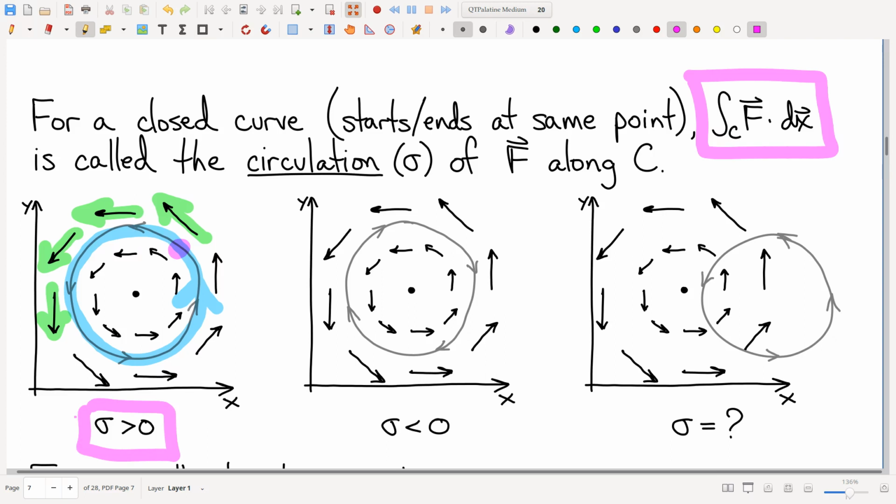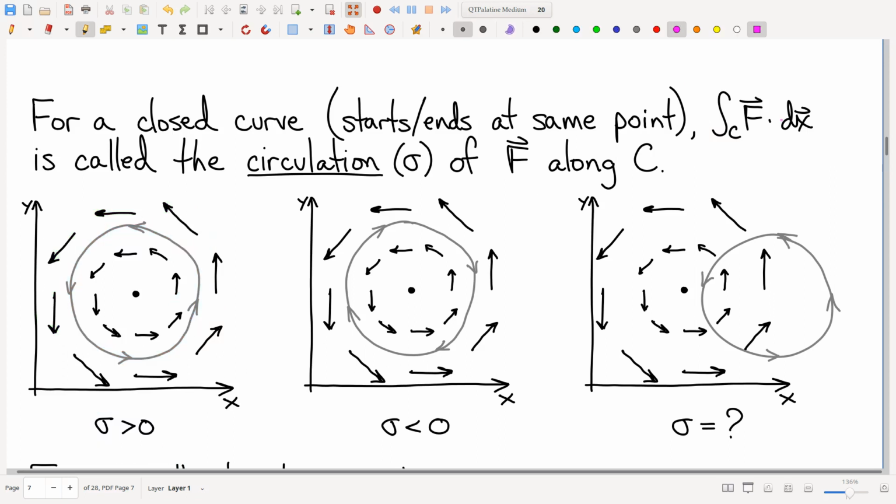Now let's talk about the terminology. Why would we call this circulation? What's the motivation for the term circulation? Well, notice we're talking about the extent that the fluid is flowing along the curve. But wait a minute, the curve being closed, the curve kind of goes around in a circle.